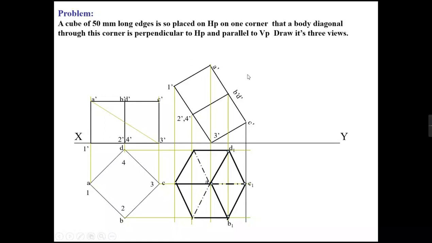See, I am marking the line here, which means I am seeing the solid from this side. If you see it from this side, this face 1, 2, 3, 4 will be visible, right?